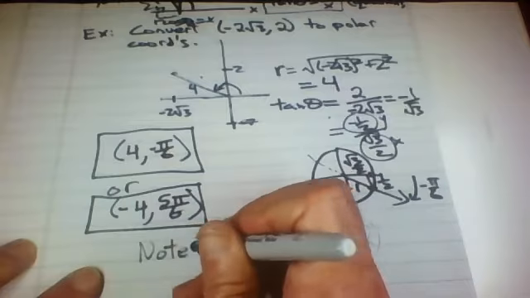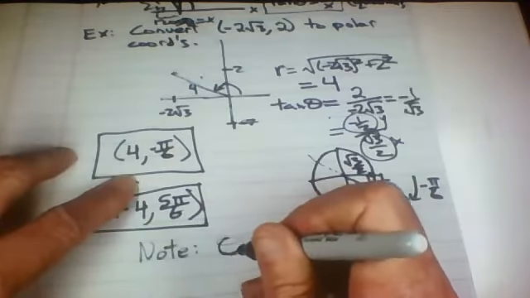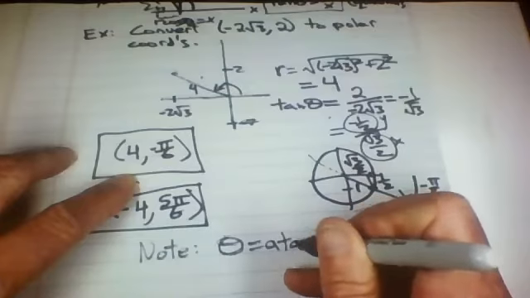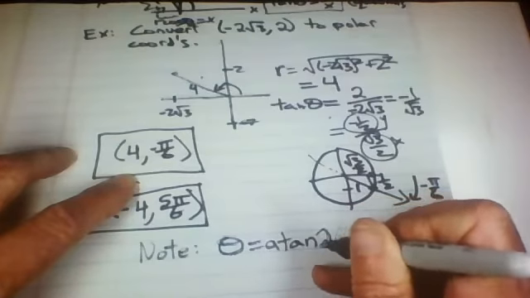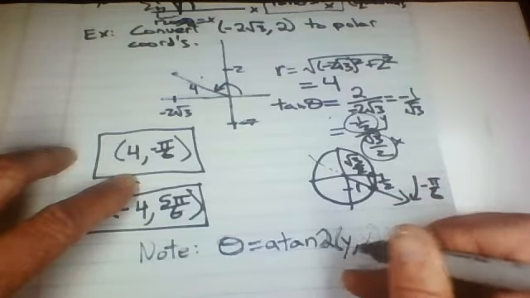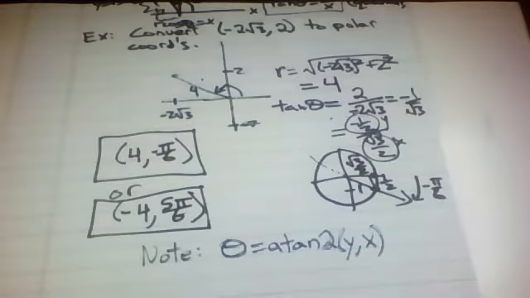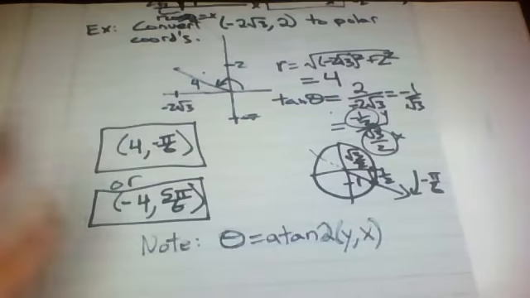If you want the angle into the correct quadrant, you let theta be atan2 of y comma x. This does not tend to be in your calculators. And that command actually gets you the angle in the correct quadrant. It does that plus pi if you need it, basically.